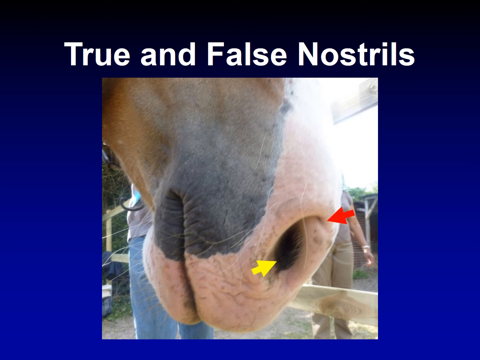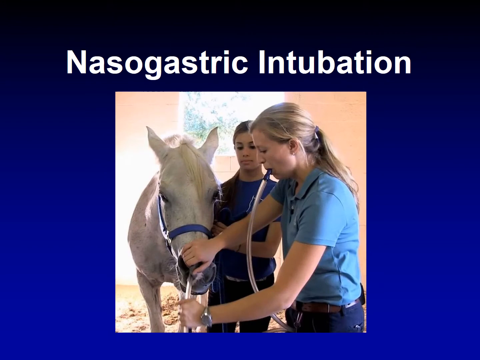They're not trivial. The reason why is because when we do nasogastric intubation, what we need to do is we need to block the false nostril with our hand, as this clinician or tech is doing, and we pass the nasogastric tube in the true ventral nostril. So we block the false nostril and we pass the tube in the ventral or true nostril.